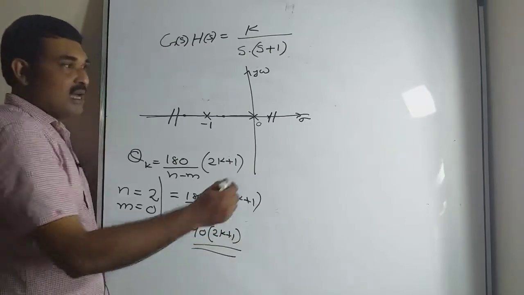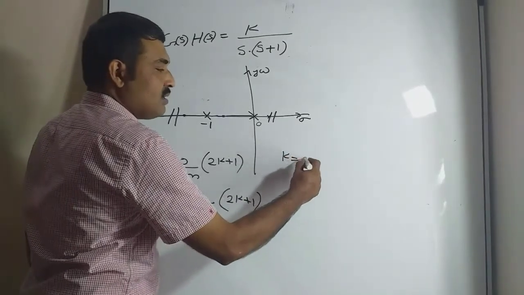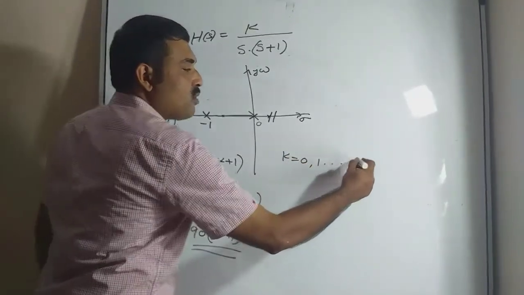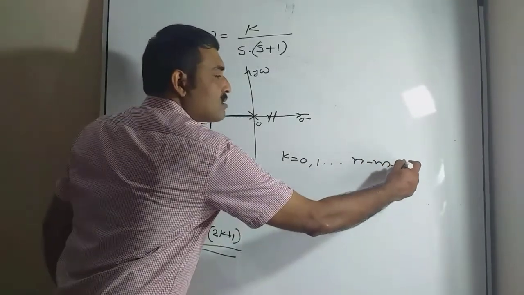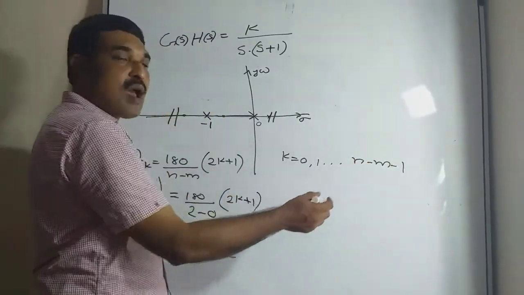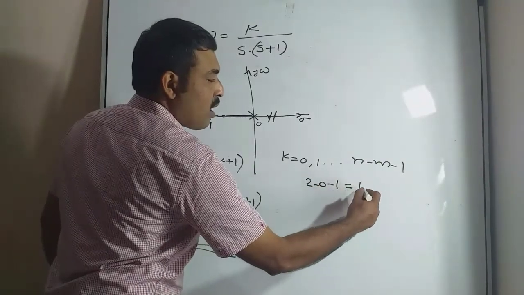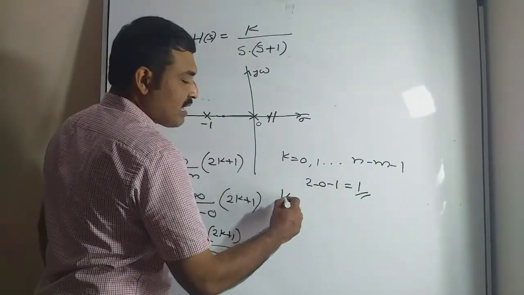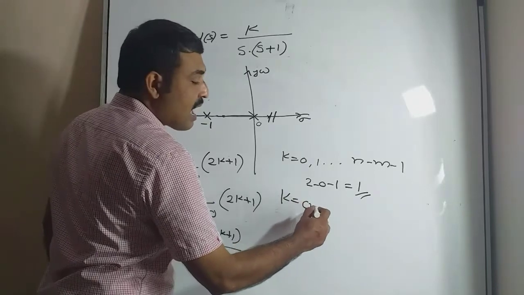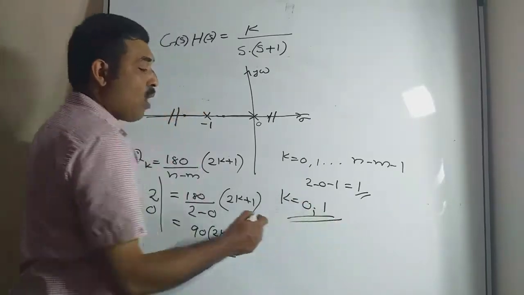What's the value of k? K is equal to 0, 1 up to n minus m minus 1. The last value of k is 2 minus 0 minus 1, that is equal to 1. So we have two values for k, k is equal to 0 and k is equal to 1.